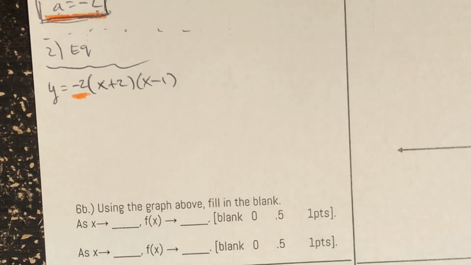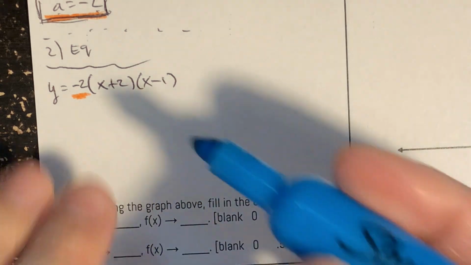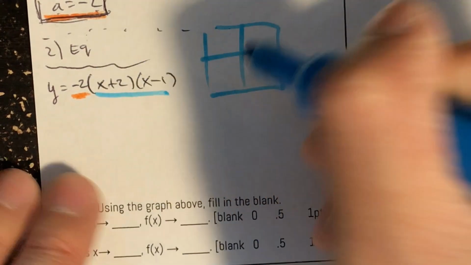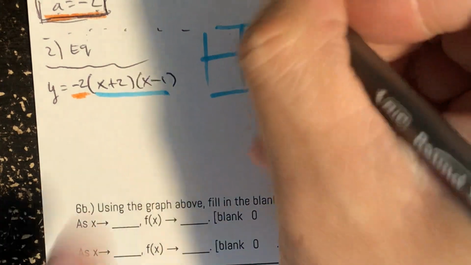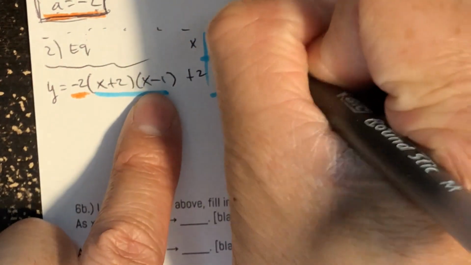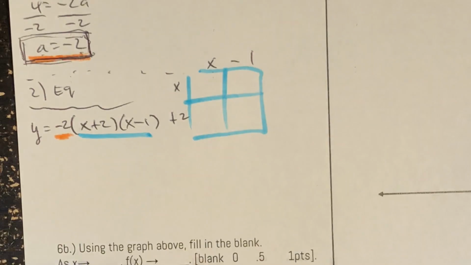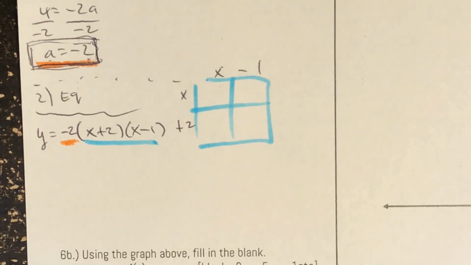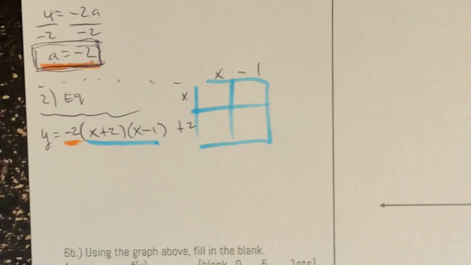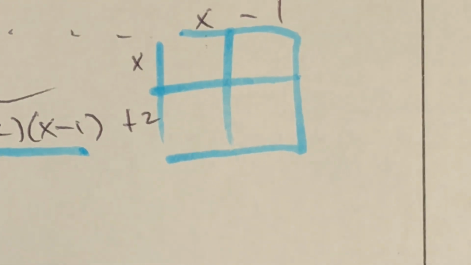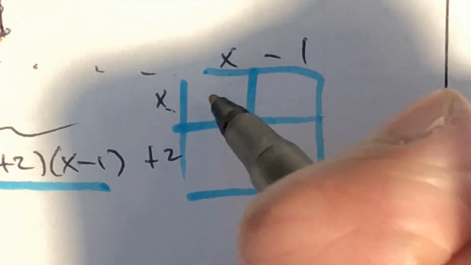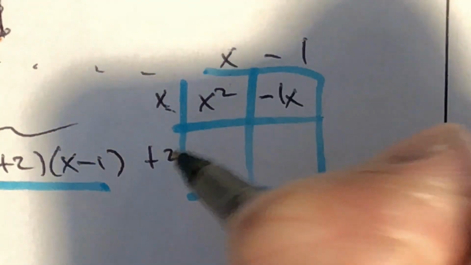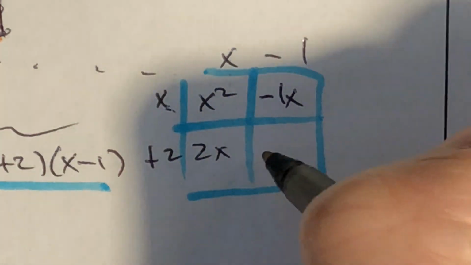And then what I'm going to do is use a box to multiply. So I got x plus 2, x minus 1. Let's go ahead and multiply. X times x gives me x squared. X times negative 1 is negative 1x. X times 2 is 2x, and 2 times negative 1 is negative 2.